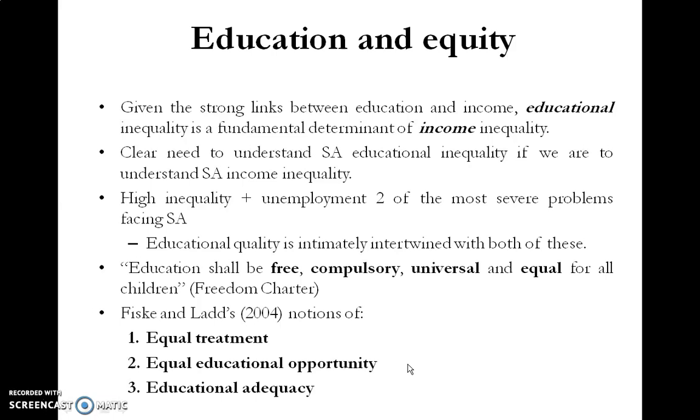There is a clear need to understand South Africa's educational inequality if we want to understand South African income inequality and make any changes in that regard. High inequality and unemployment can be considered two of the most severe problems facing South Africa.